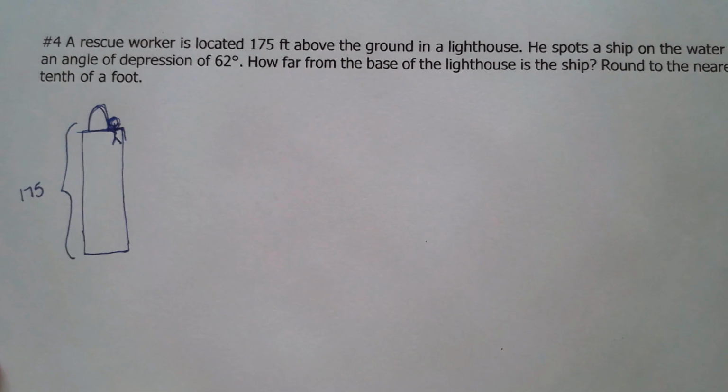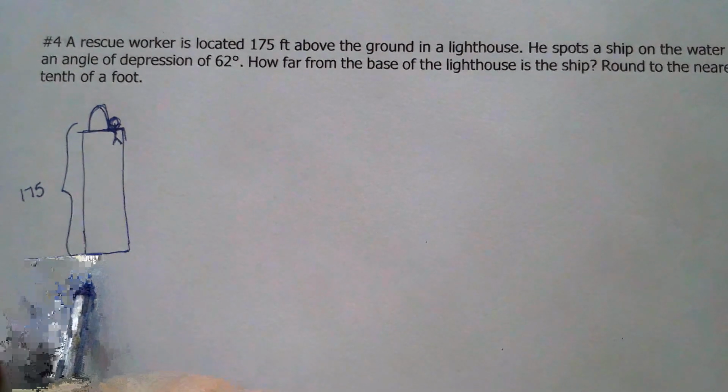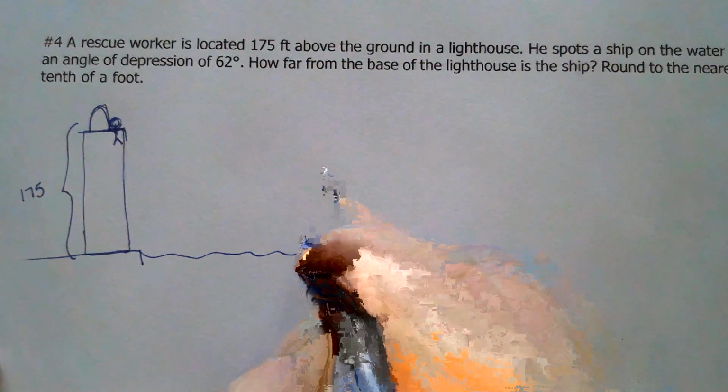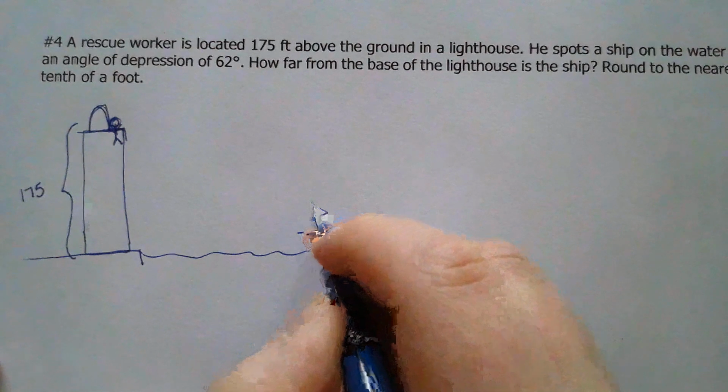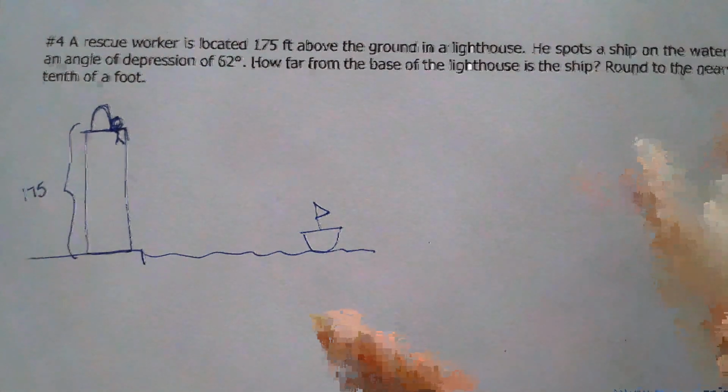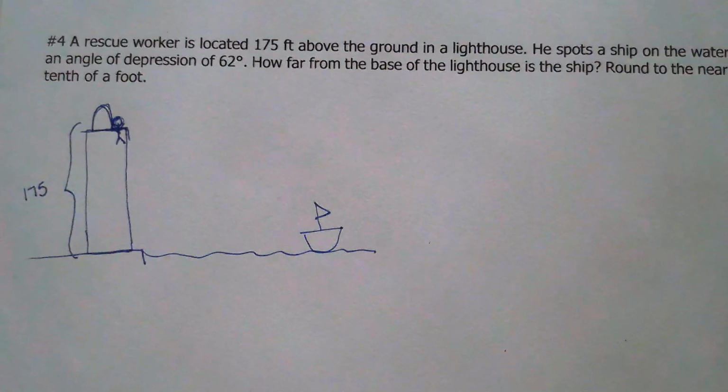And he spots a ship in the water at an angle of depression of 62 degrees. So here's the lighthouse, here's the water, here's the boat. Now this is a different angle, remember? Depression is an angle looking down.